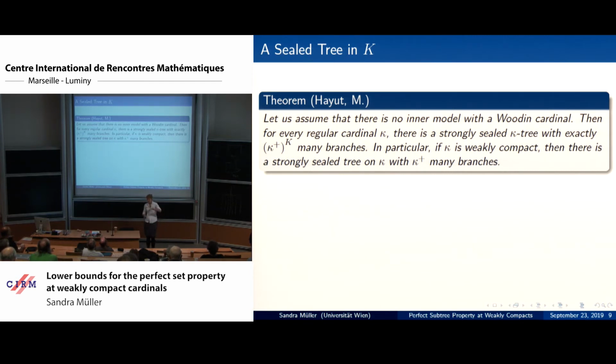Then for every regular cardinal kappa, we can construct a strongly sealed tree of height kappa, which has exactly kappa plus of K many branches. In particular, if we assume in addition that kappa plus is computed correctly, so kappa is weakly compact, then this strongly sealed tree will have kappa plus of V many branches.